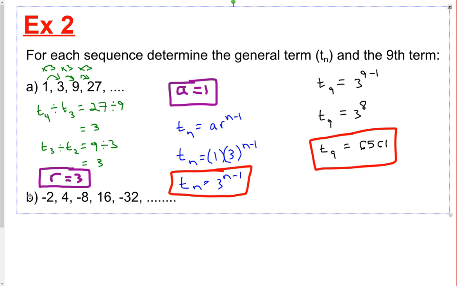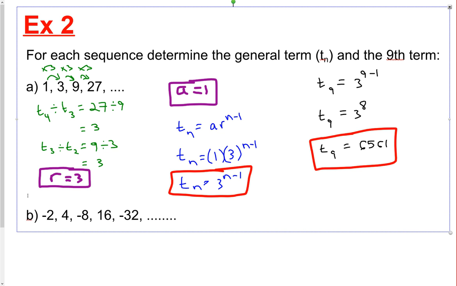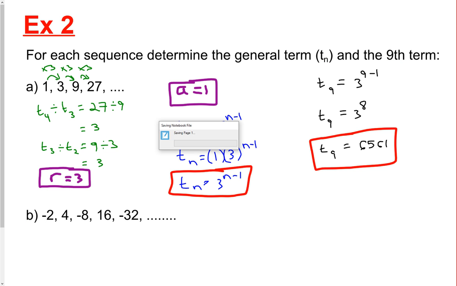I want to show you the same sort of thing, but now with one that's a little trickier. This next one I notice is alternating negatives and positives. So it starts out as a negative number, then it's a positive number in the next term, and then it's back to a negative number.